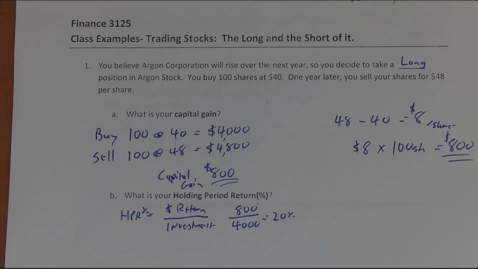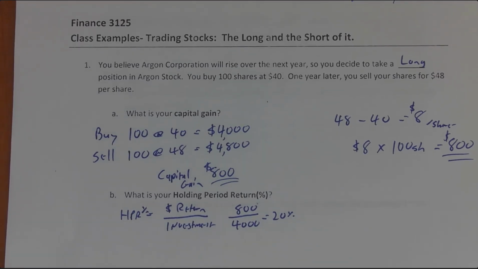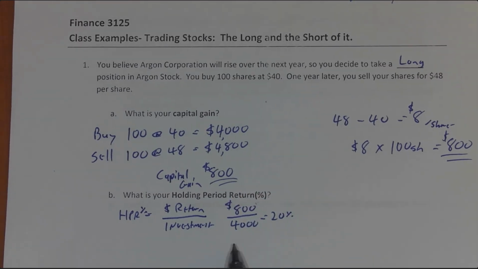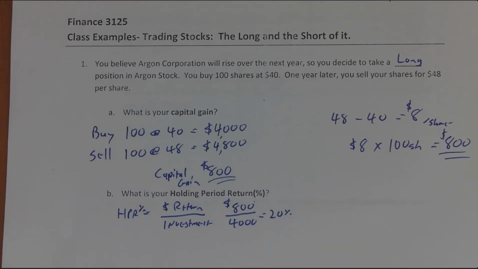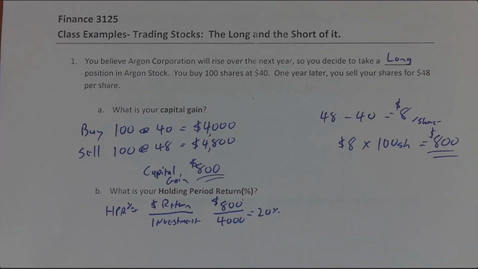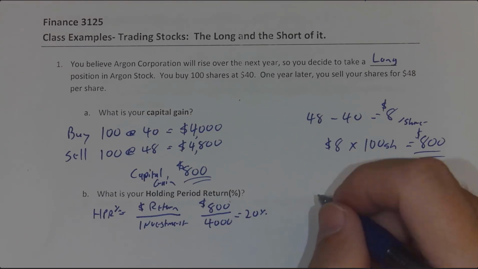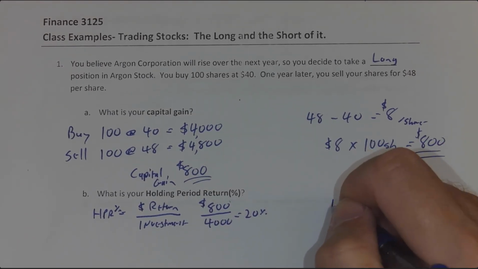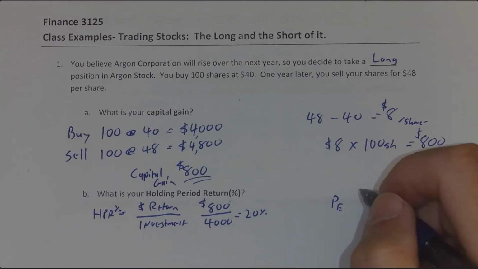Again, it's just what did we earn divided by what we invested. Well, we had a dollar return of 800 on a $4,000 investment. That's a 20% return. Or if we do it on a per share basis, generally if I'm calculating a percent return for stock, I'm just going to do it on a per share basis.